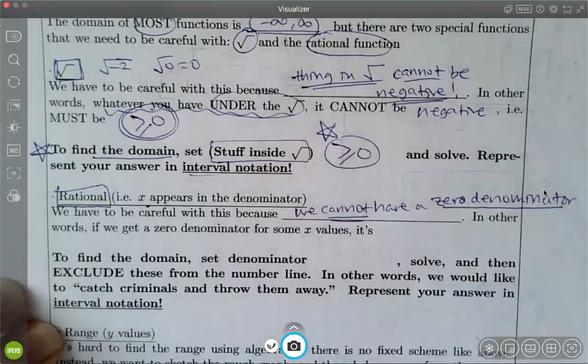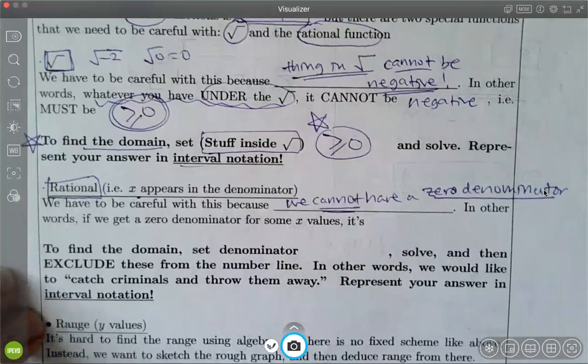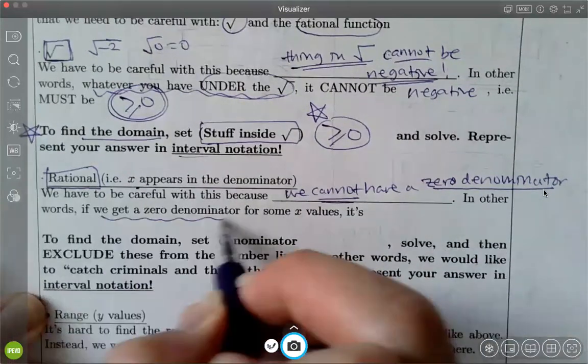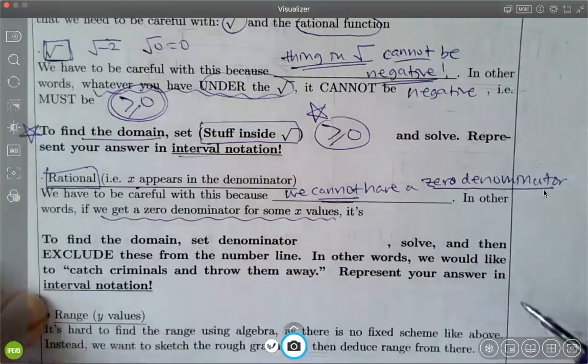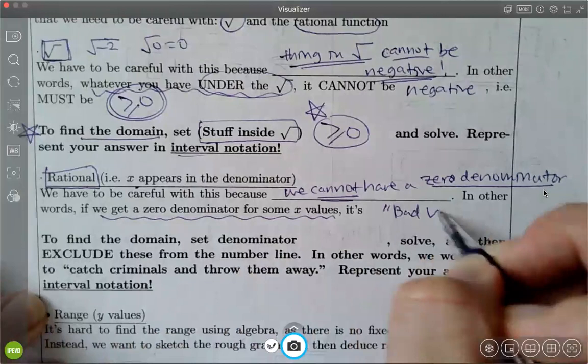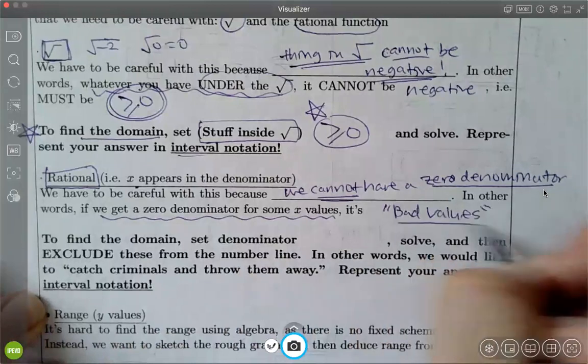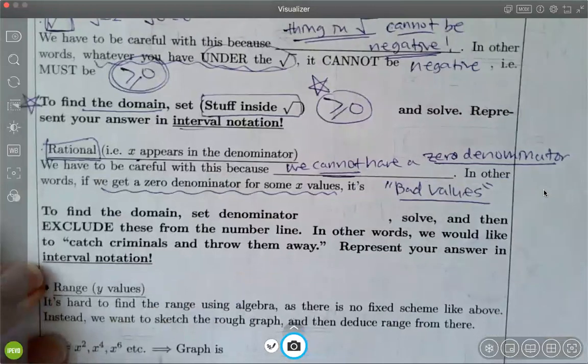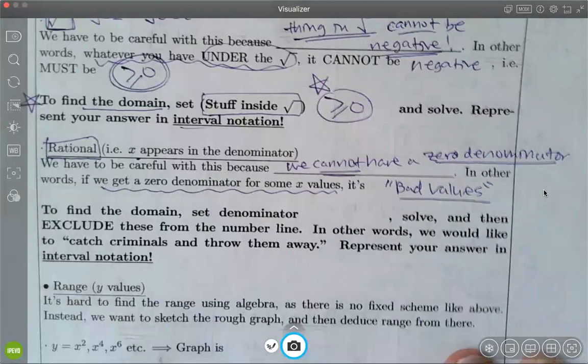We saw that in the rational equation case. So what if we get a 0 denominator for some x values? They are called the bad values, remember that?